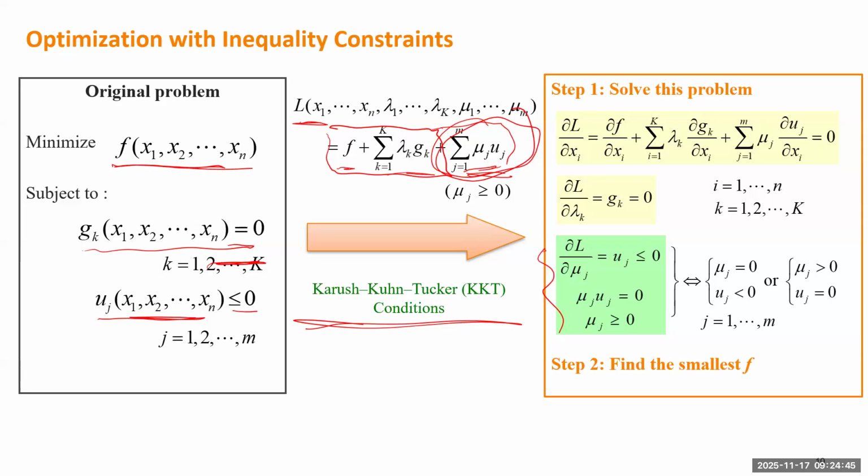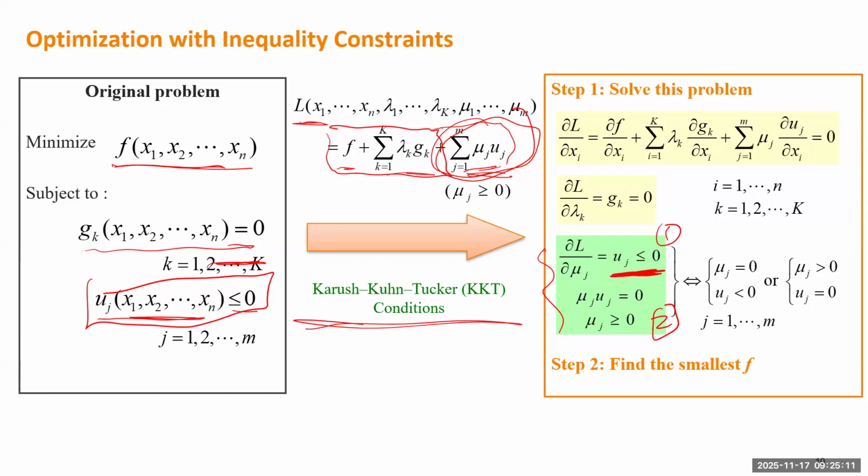The first item is just the inequality constraint itself, simply from the original formulation. So that's number 1. Number 2, you introduce the Lagrange multiplier mu. Because its physical meaning is a penalty, the penalty here will not be negative.